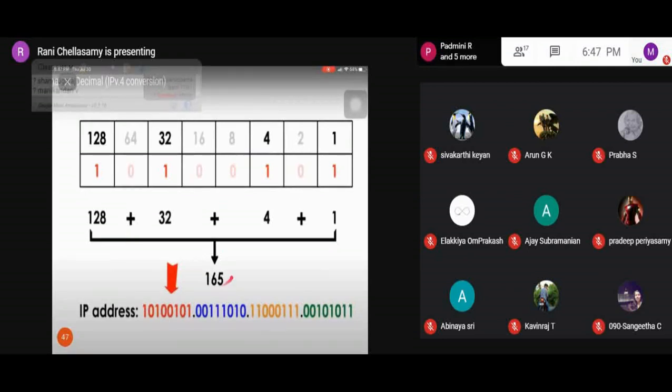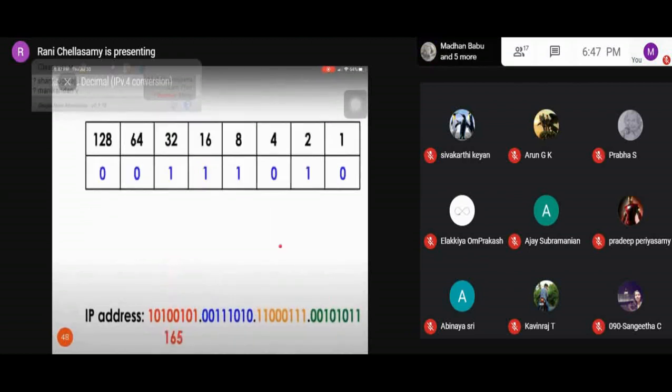In this manner you can get the decimal value for the corresponding binary format. The other octets are also written in the chart and you get the values. The next number is 0 0 1 1 0 1 0.